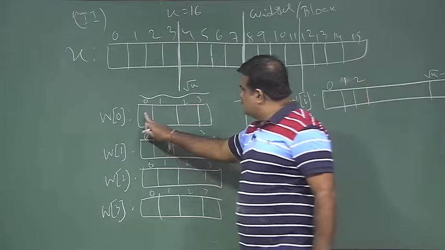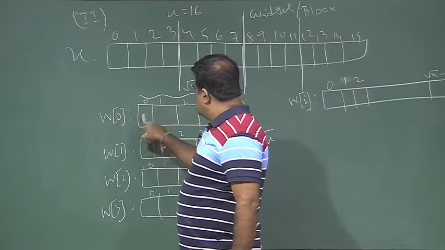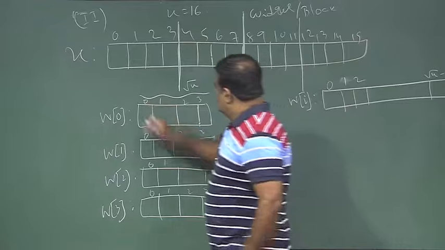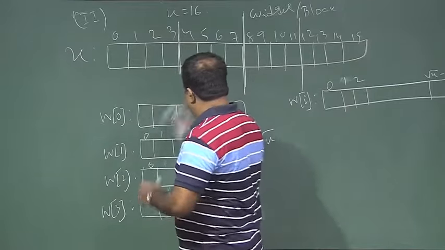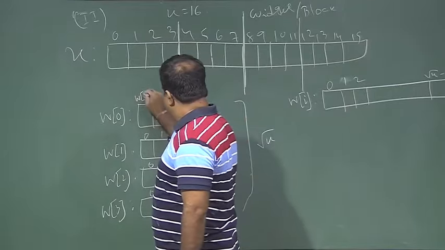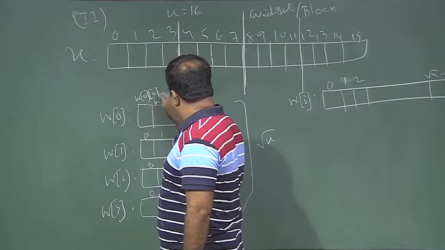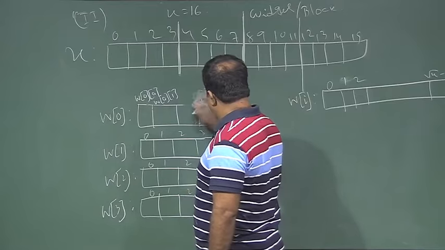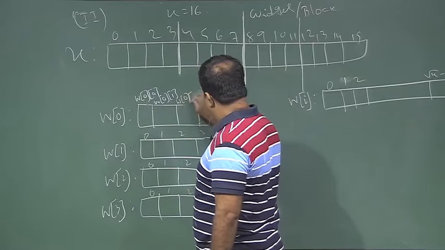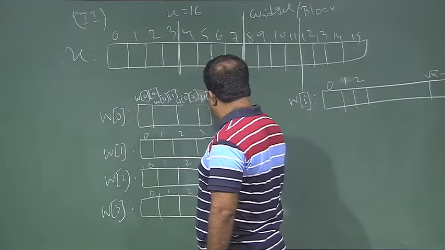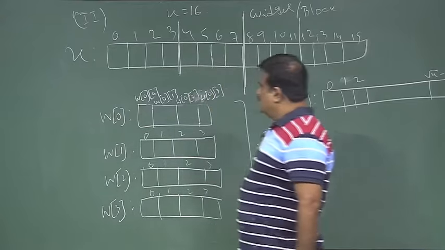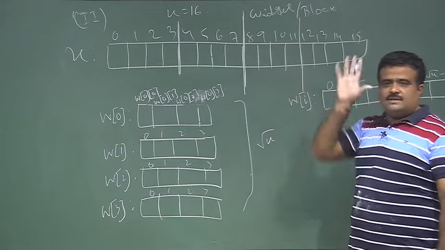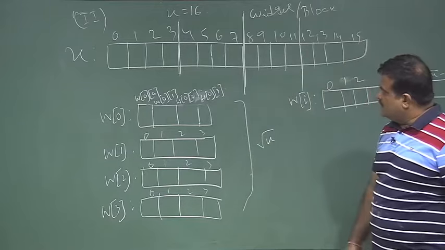So, this is basically W0, this is basically W00 like this, W00, W01, W02, W03. Okay, just a 2 dimensional array. So, we just break the 1 dimensional array into a 2 dimensional array.